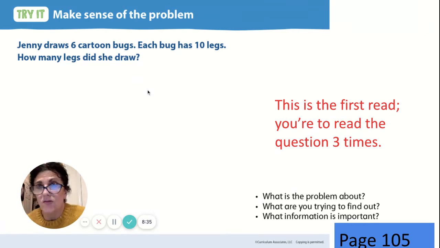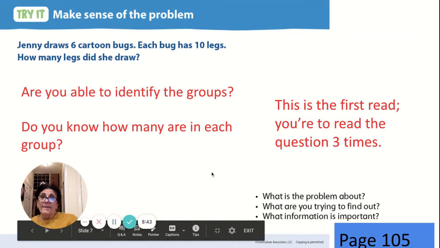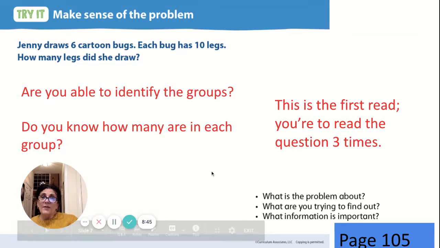So you have to ask yourself, are you able to identify the groups? And do you know how many are in each group? So think about that. Pause for a few minutes, and in your regular math notebook, see if you can come up with the multiplication equation that matches this information and then this question.